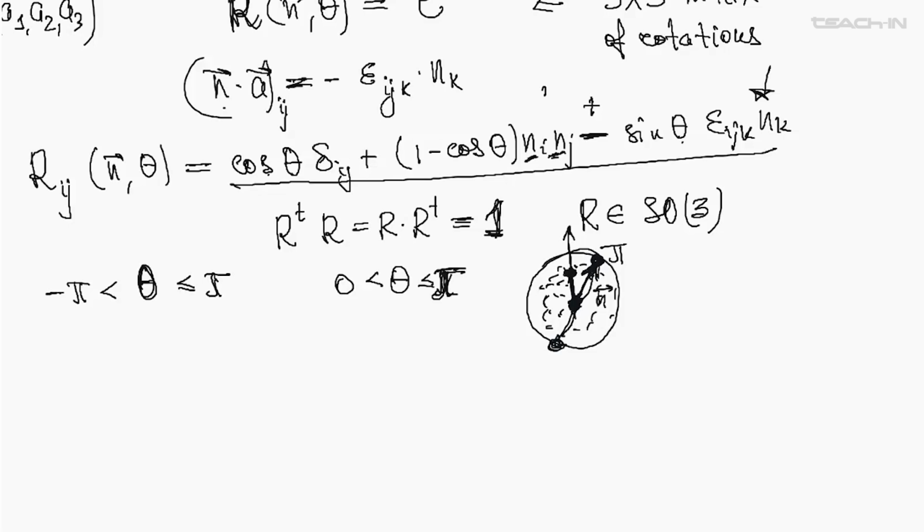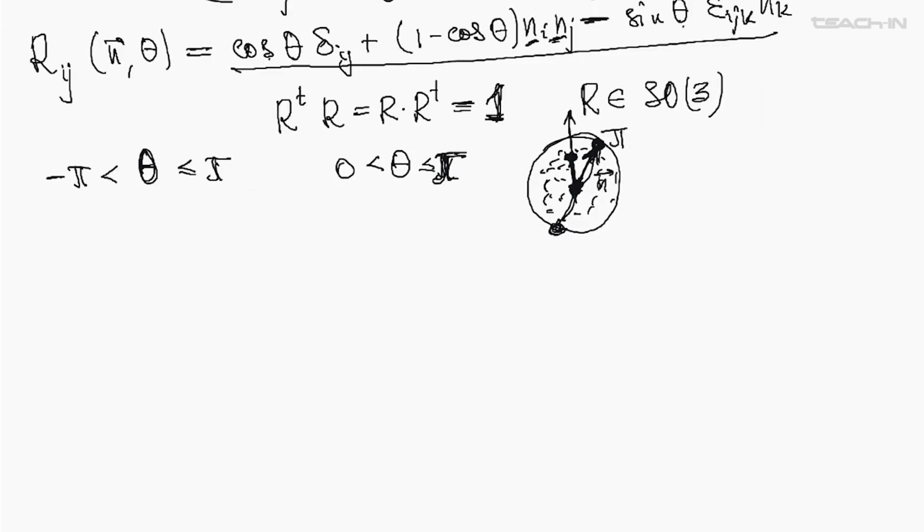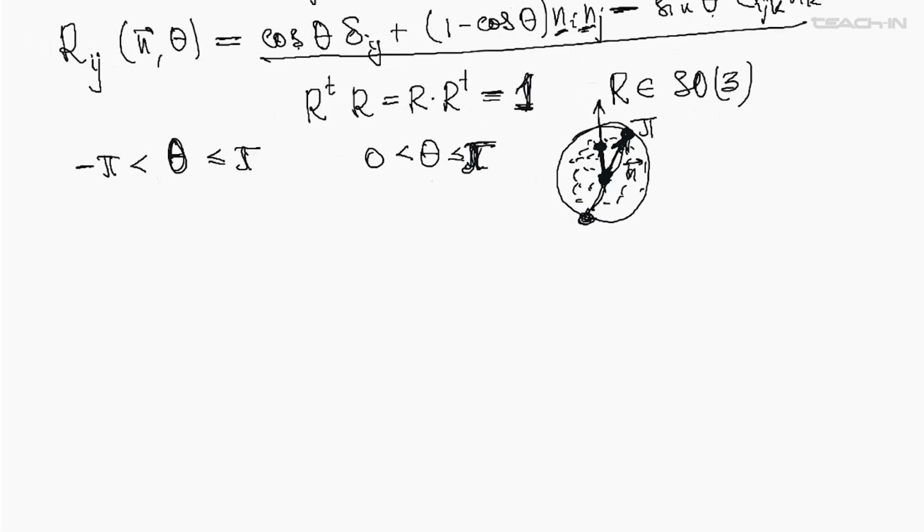So diametrically opposite points on the surface of this ball of radius pi should be identified. And this gives a topological model for the rotation group. Now we know everything about rotations: topologically, it's a ball with opposite points on its surface identified.